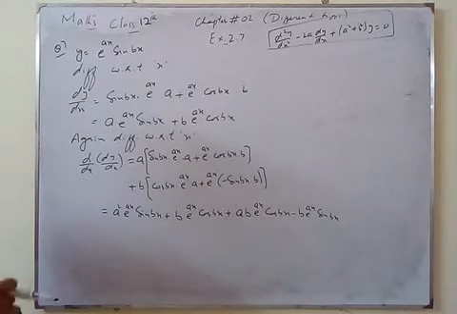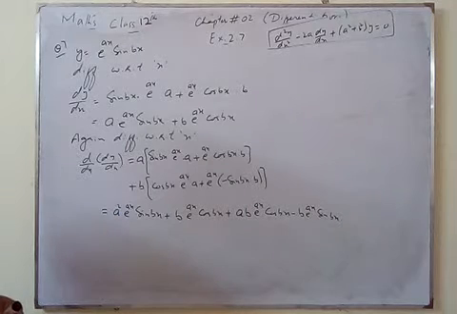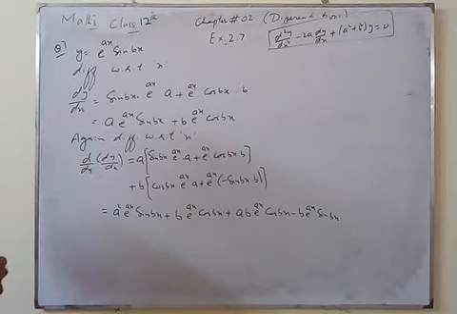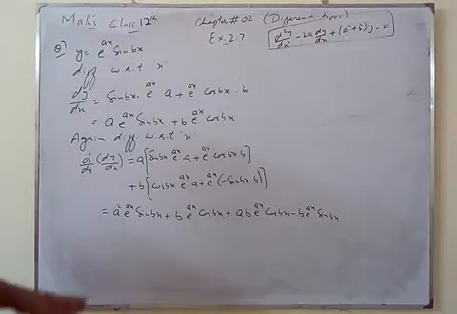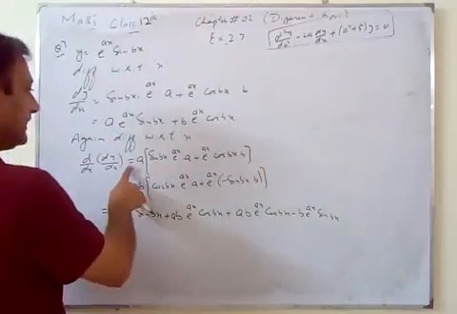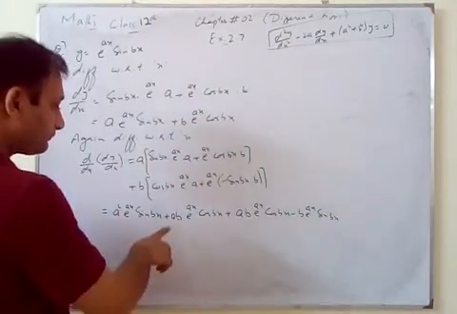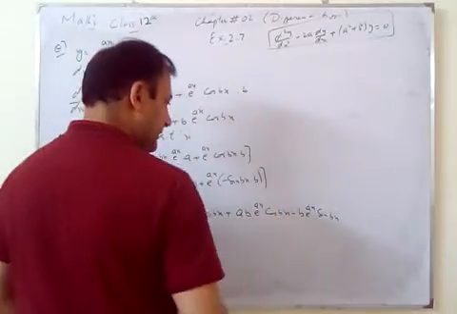Now, if any one of you is having any problem in this, I will try to repeat this value, and here I will also, because a is multiplied with this. So here ab cos bx.